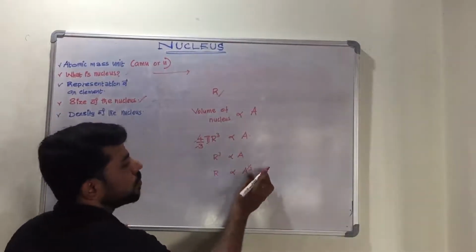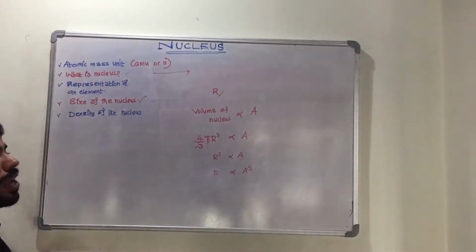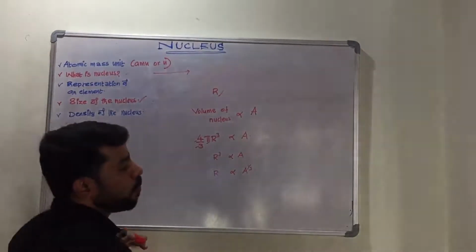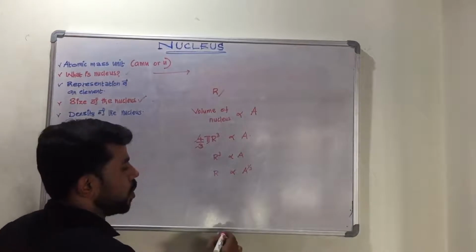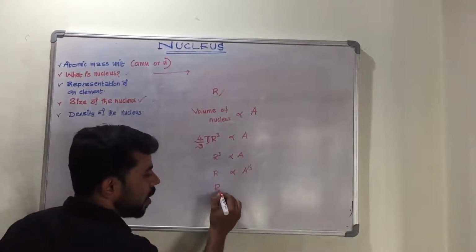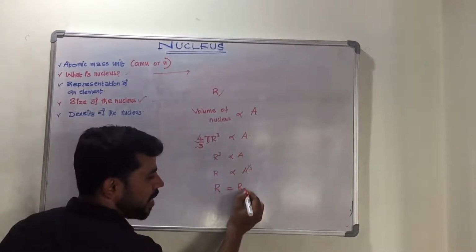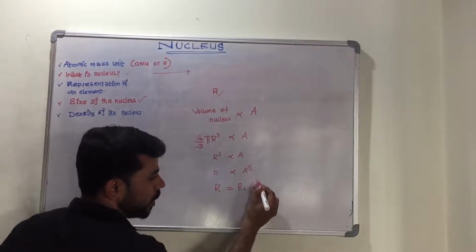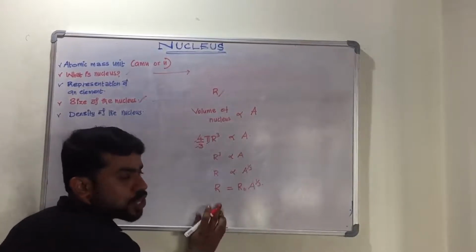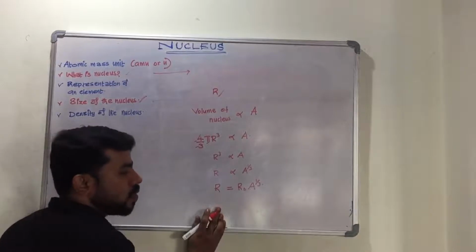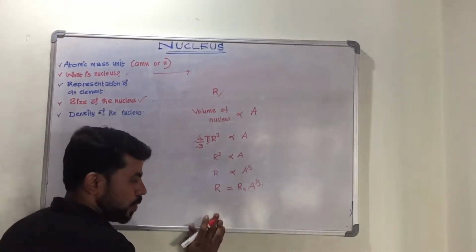The radius of any nucleus is proportional to the cube root of its mass number. From this, R is equal to a constant R0 times A raised to 1/3. So this is the equation to find the size of a nucleus, that means the radius of a nucleus.